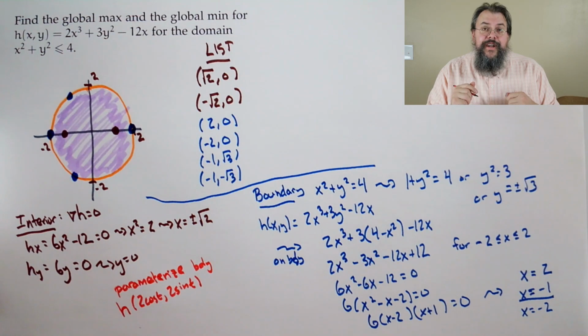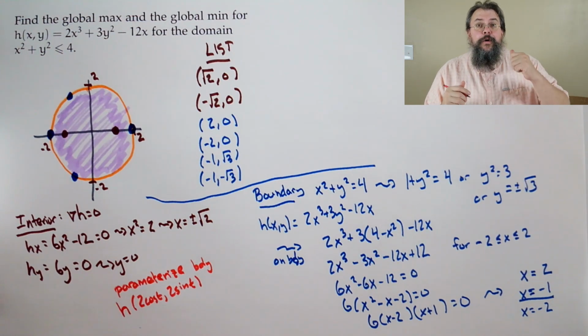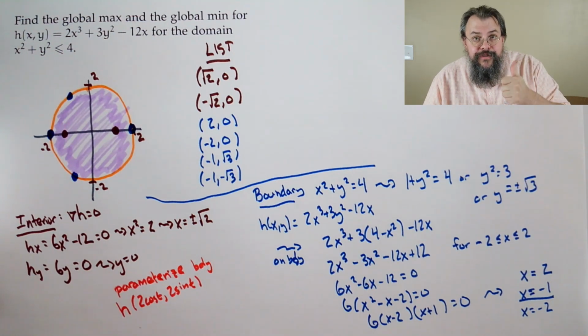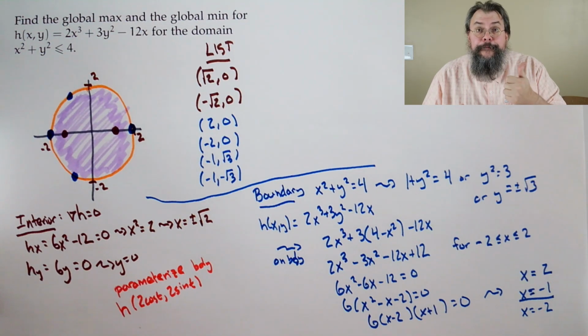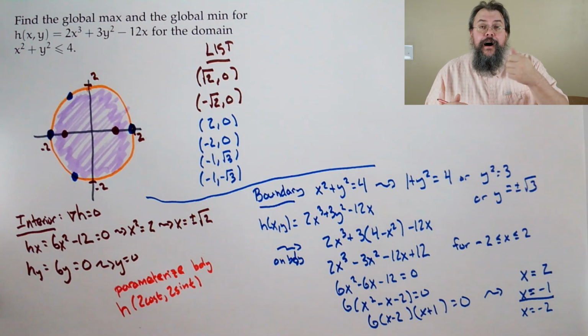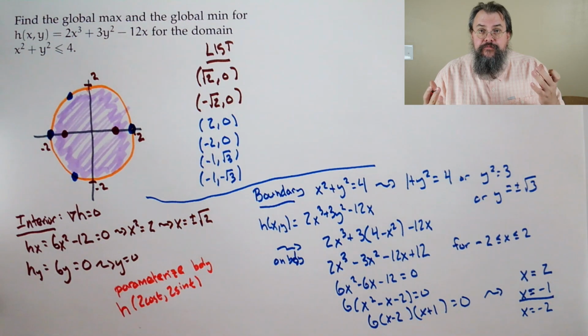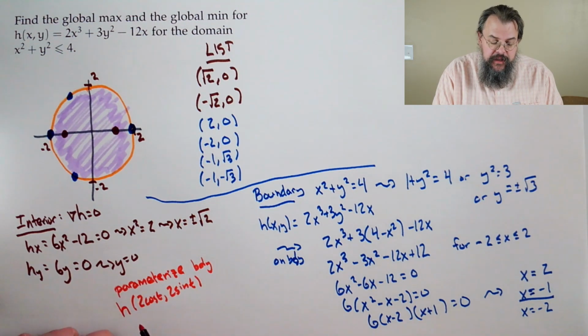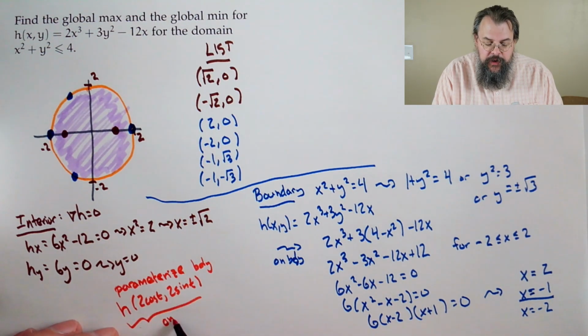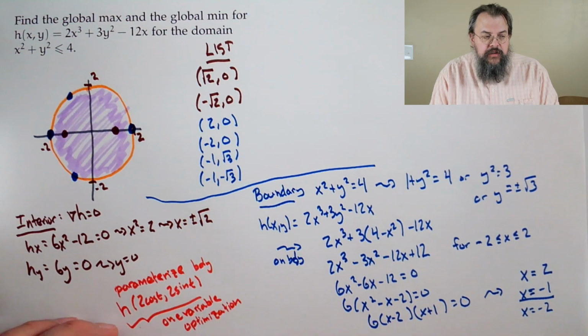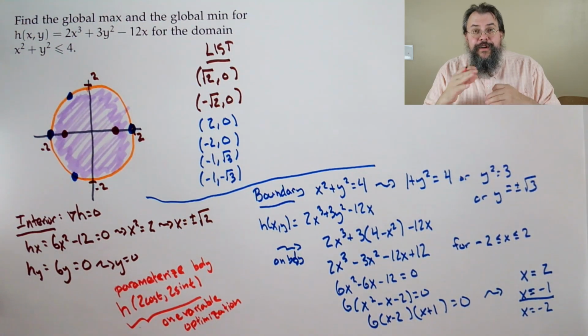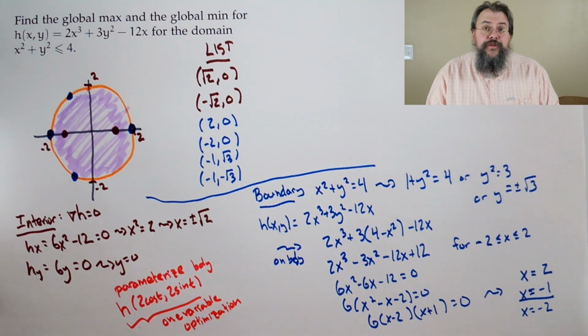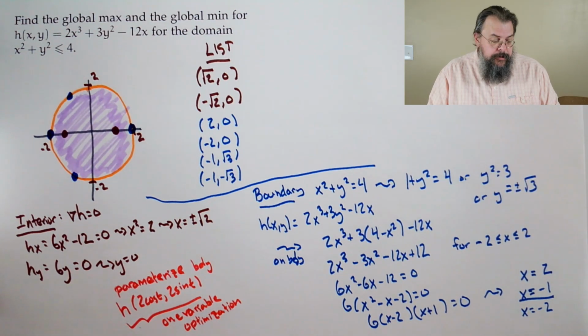So h of 2 cosine t, 2 sine t would be h as a single variable, t. Now optimize, because you're down to one variable. One variable optimization will give us what happens on the boundary, where we need to look. So if we hadn't had a way to clean up and rewrite, we still have alternatives. So there we go.